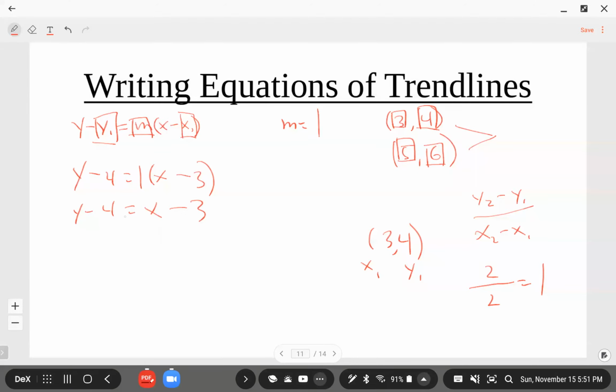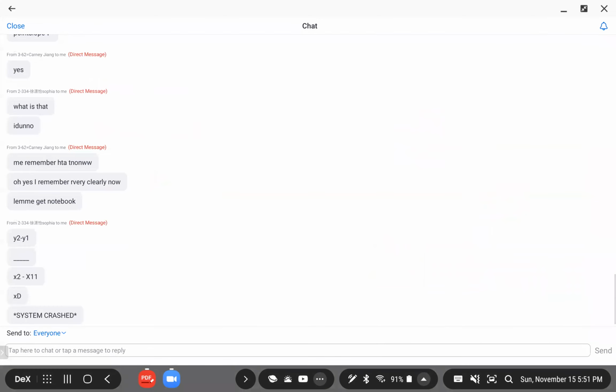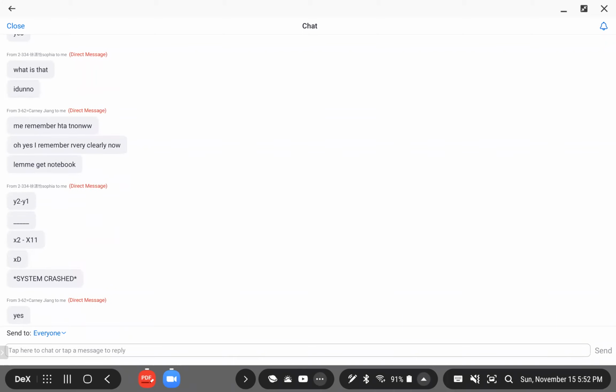Now let's move our 4 back here. y equals x plus 1. Then we just converted it to slope-intercept form, right? And this is the equation of our trend line. Does everybody understand? Are there any questions on that material right now? Okay, Carney understands. Very good.